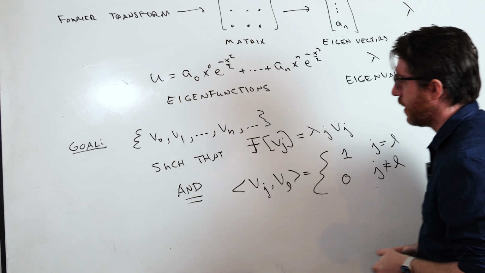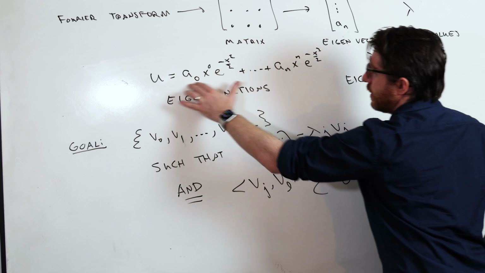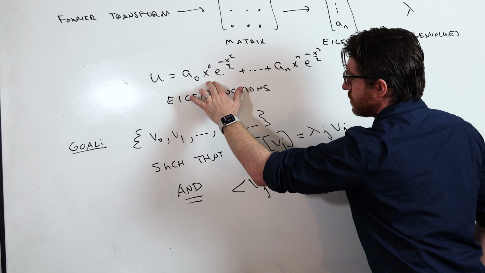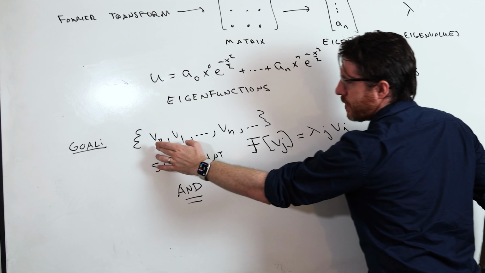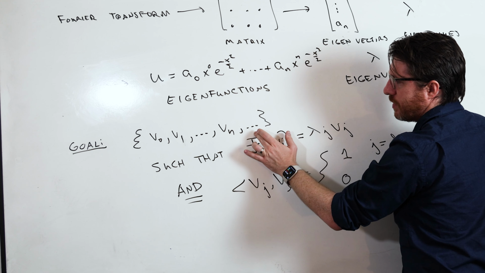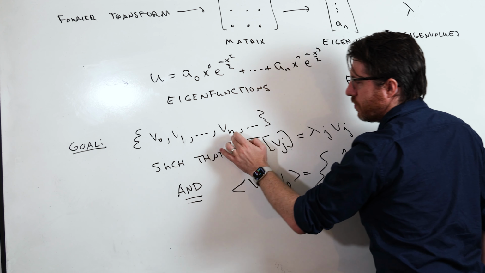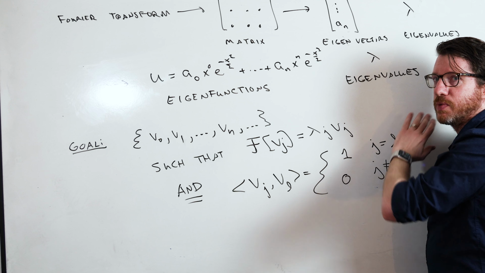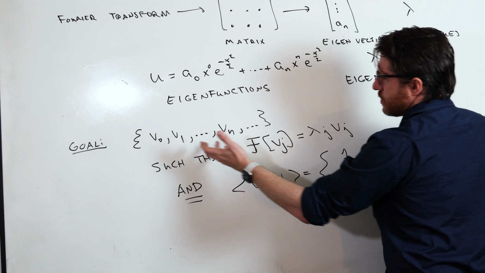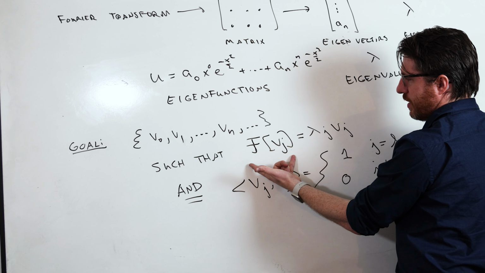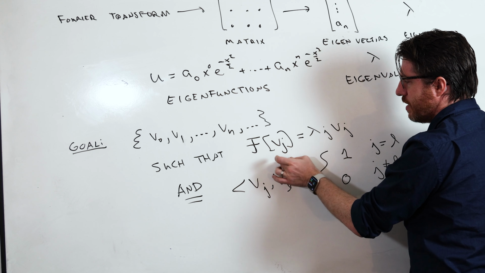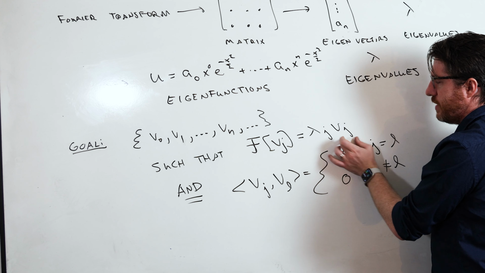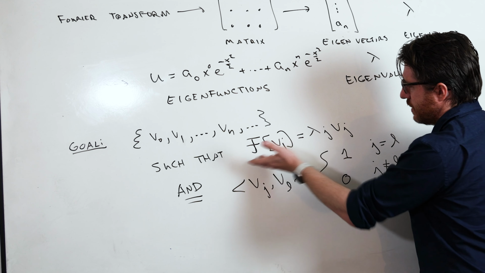So what we're going to try to do is go from the collection of eigenfunctions, which you could say is u_0 through u_n, and spit out this new collection of eigenfunctions, v_1, v_2, up to v_n, and etc. as we go off to infinity. So we want the eigenvalue property to still hold. We want the Fourier transform of v_j to give us v_j times lambda_j.